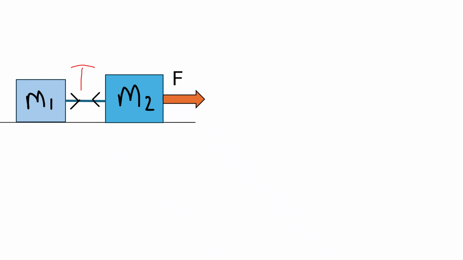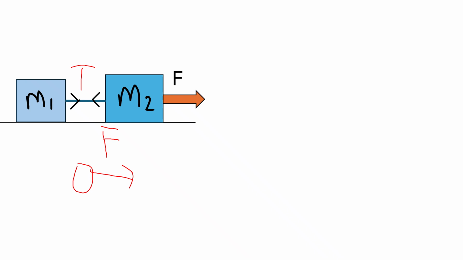So the force is acting on the two masses, M1 and M2. So the total mass is given by the sum of the masses as M1 plus M2. If we consider the two masses as one body with a certain mass M, acted on by a certain force F, then from Newton's second law, the product of the mass and the acceleration is given by the force.